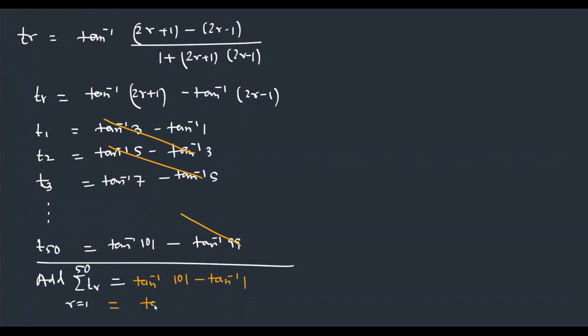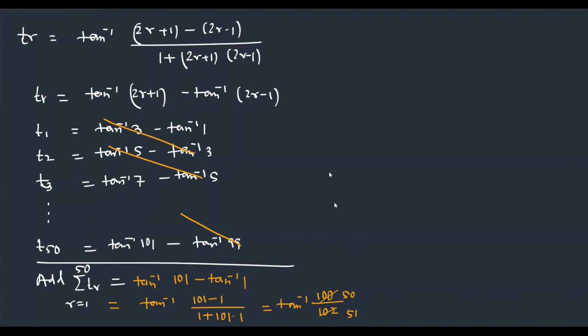So this we can write as tan inverse of A minus B divided by 1 plus A into B, which is equal to tan inverse of 100 divided by 102. So it is 50 by 51.